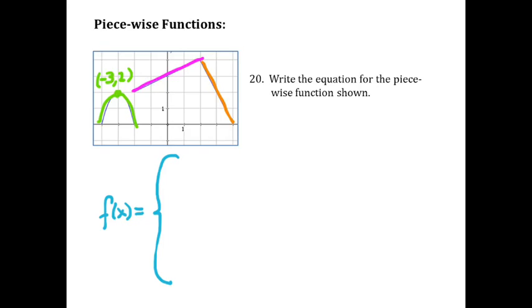I also notice that my graph has been reflected over the x-axis. It's now opening down instead of up like the parent function. And so that means that my whole function is going to be negative. Additionally, I notice that there's a stretch.